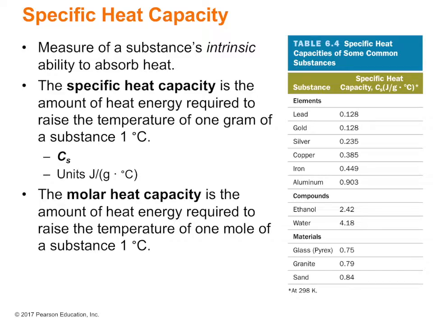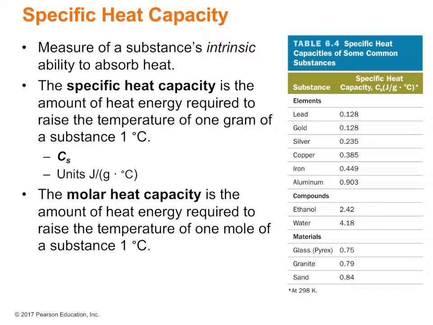So if you look on this table, this tells you how much heat is required to raise 1 gram of the substance 1 degree Celsius. The units of specific heat capacity, also called specific heat, are joules per gram degrees Celsius. This table lists the values of specific heat capacity for several substances.